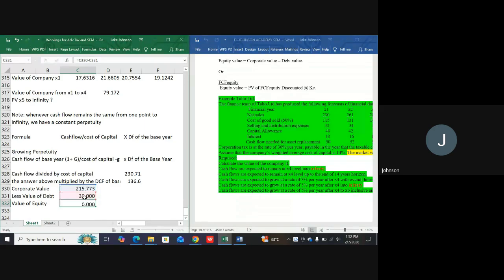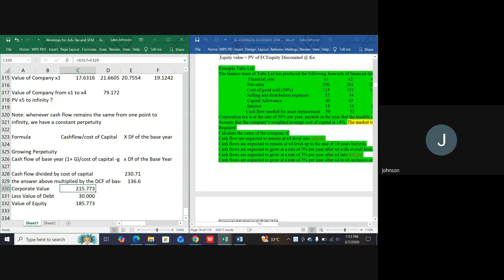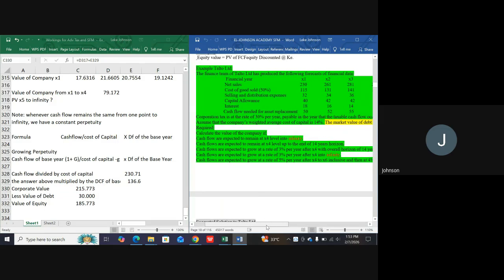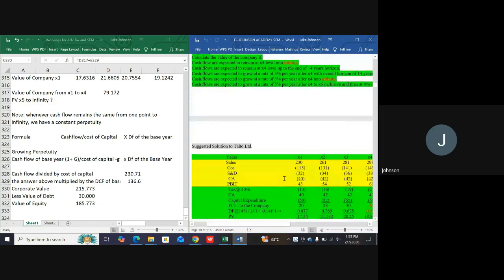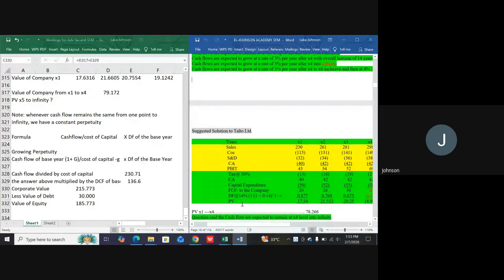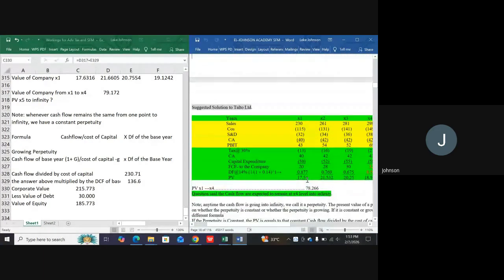And that's how we're able to get this value. So we have gotten the value of equity, and here the value of the business, the corporate value. So let's go and check what we've done and compare our figures. We can see that obviously the only difference is just our rounding off errors. So everything I've told us is how they got all these things.